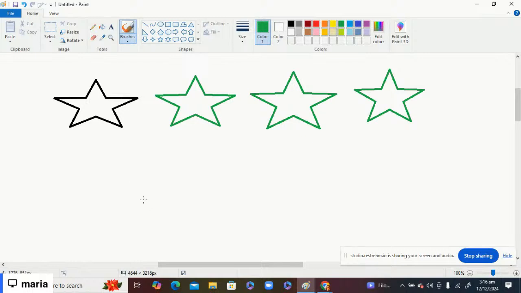So the total number of stars there is 1, 2, 3, and 4. Total number of stars is 4, so we are putting 4 in the denominator. How many stars are black? Only one. So we are putting it on the top in the numerator. This is 1 by 4. So in this way we write our answer.